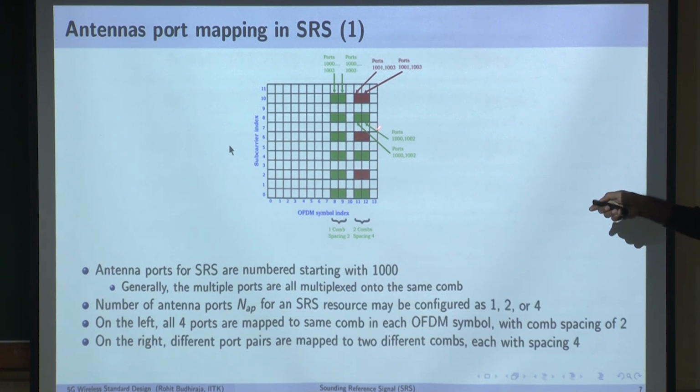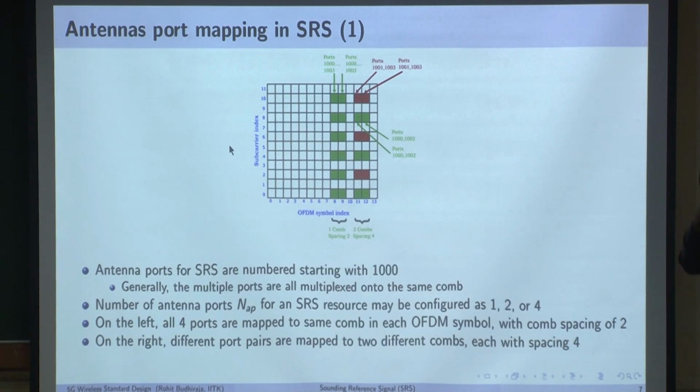We have to make them orthogonal using some code division multiplexing. Here again there will be 2 ports, and we'll again differentiate them using some kind of code division multiplexing. So for this example, we'll have to create 2 CDMs.